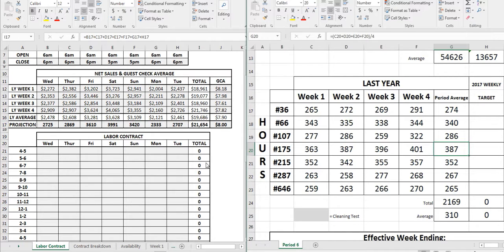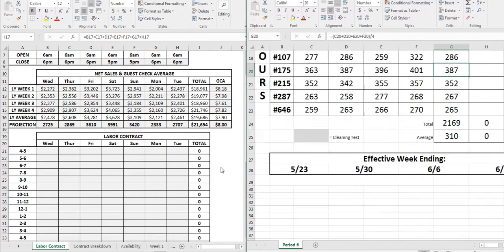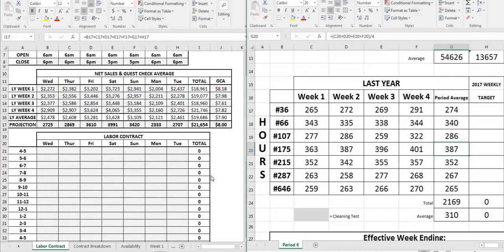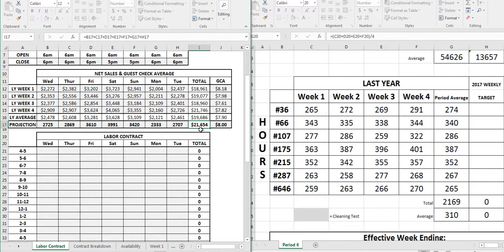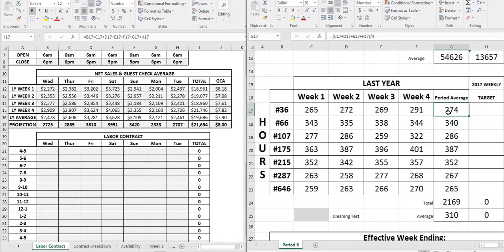Be careful with this though. Usually, this is a situation at Bushnell's where I think the drive-through is the biggest driving factor in the fact that we're going to be using more hours. If you're projecting that your bakery is going to be down in sales, it's going to be troublesome to try and increase your hours from last year.